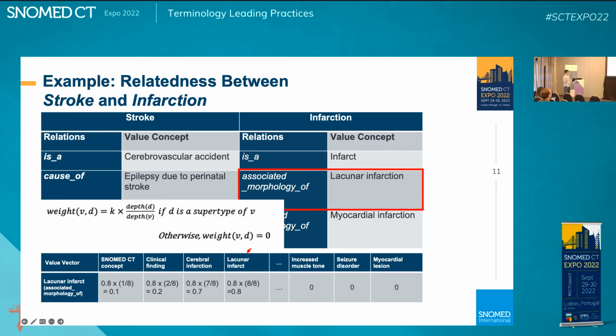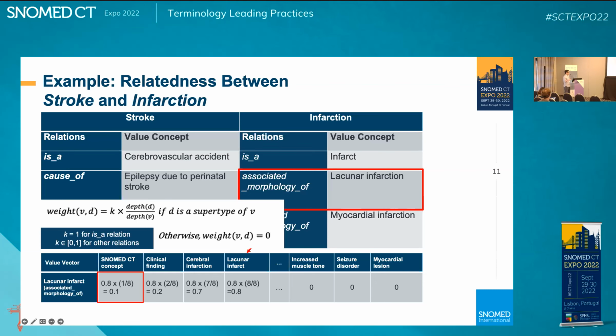So in the example of the value vector for lacunar infarct, the weight of lacunar infarct with respect to the SNOMED CT concept is 1/8, because the depth of the dimension concept, the SNOMED CT root concept, is 1, and the depth of lacunar infarct in SNOMED CT is 8. But we further multiply by a weight constant K, which is 1 for IS-A relations, and which is set between 0 and 1 for other relations.